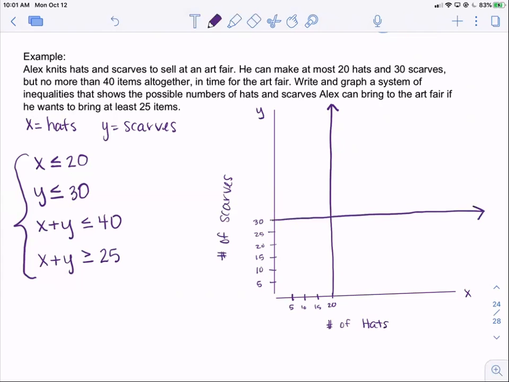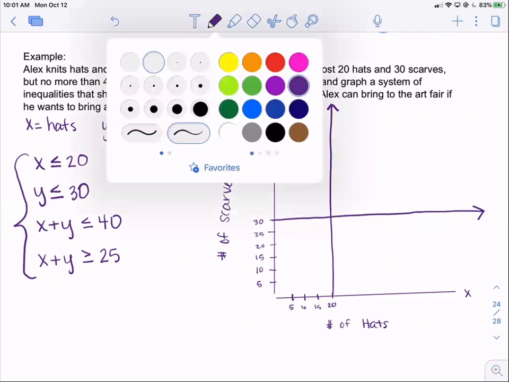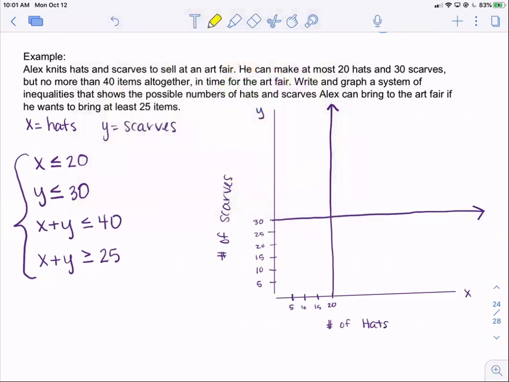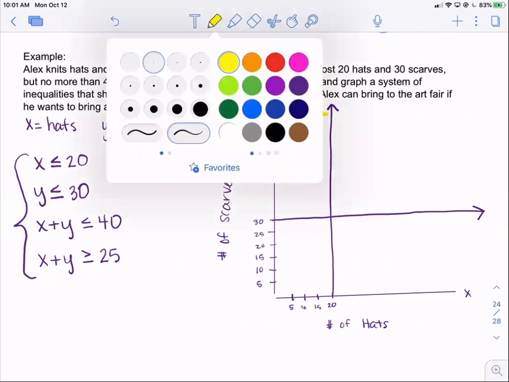And we'll deal with the shading here in a second, okay? Well, actually, let's go ahead and do these two lines. So if x is less than or equal to 20, is that to the left or right of our vertical line? To the left. So I'm just going to put an arrow pointing to the left that you can't see because I made it way too light.